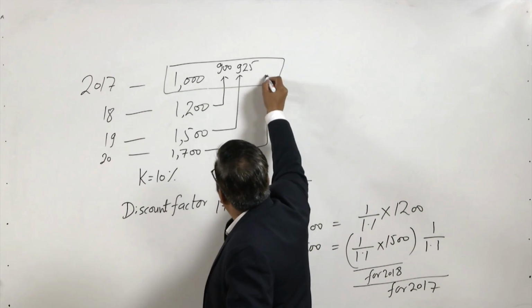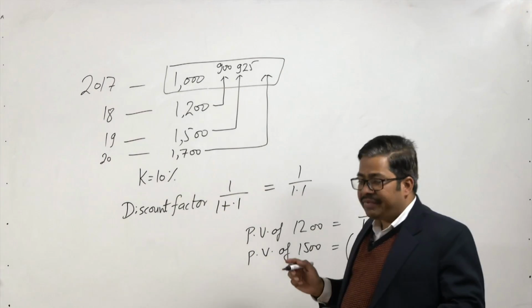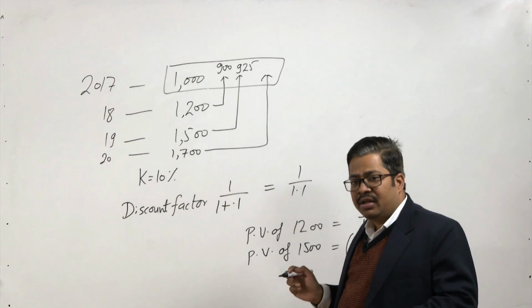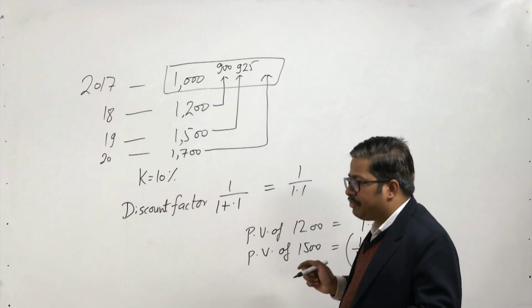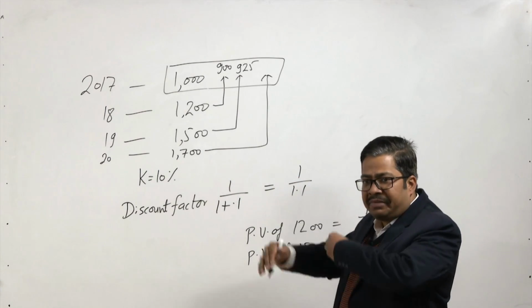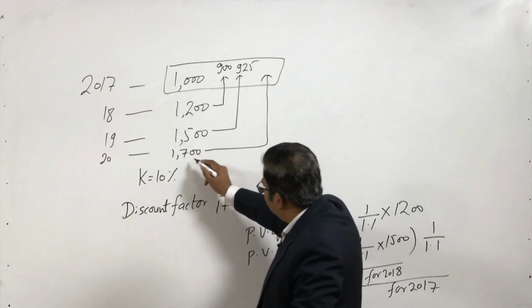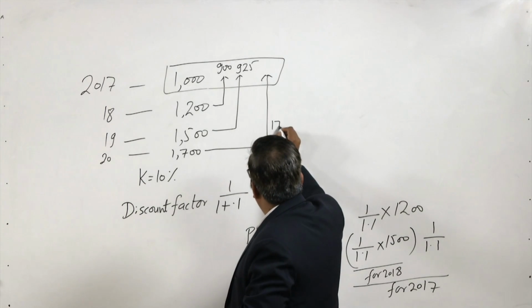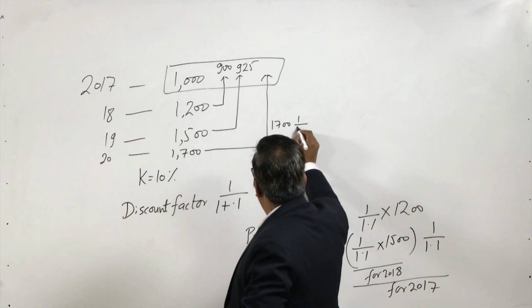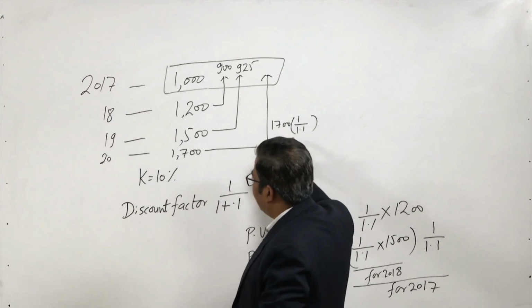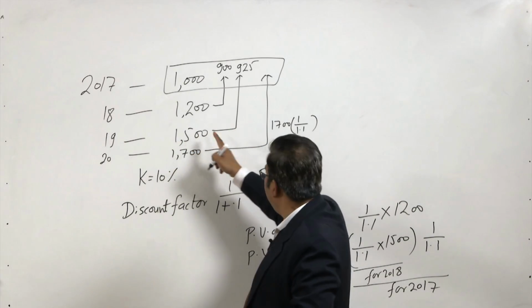And similarly, if I have a future cash flow of 2020 of, let's say, rupees 1700, and I want to calculate the present value of this 1700 for 2017, this will be a step process. 1700 multiplied by 1 upon 1.1 will give me the present value for 2019.